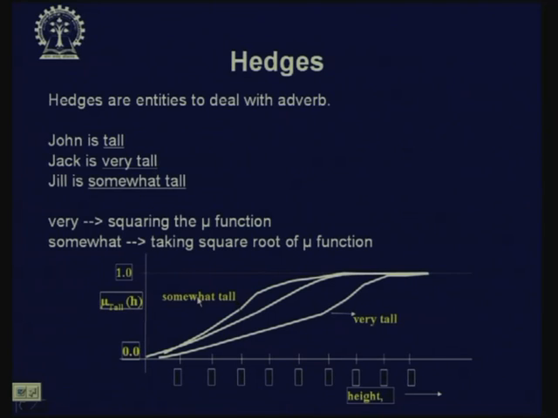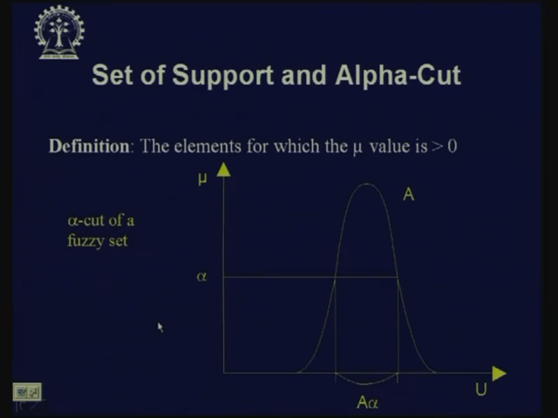Very tall is a further qualification over this, and so that curve will be something like this. And somewhat tall is a sort of relaxation and will look like this.